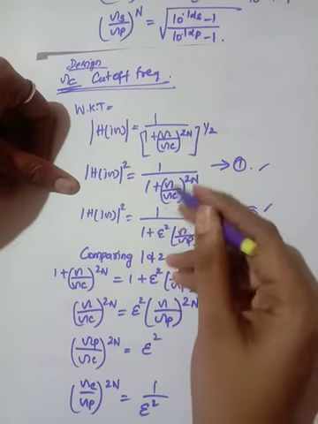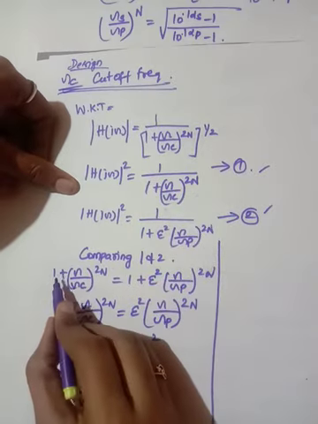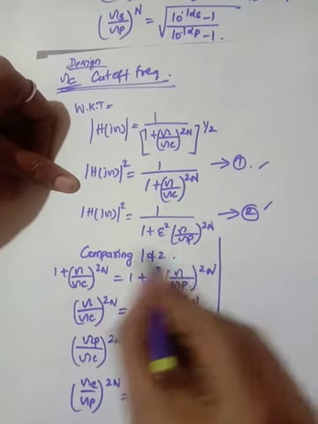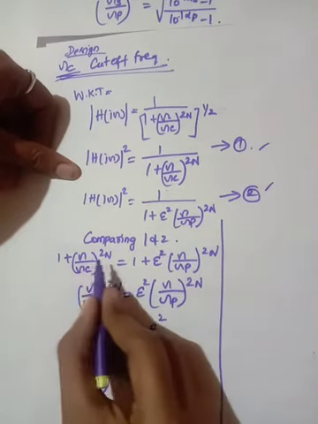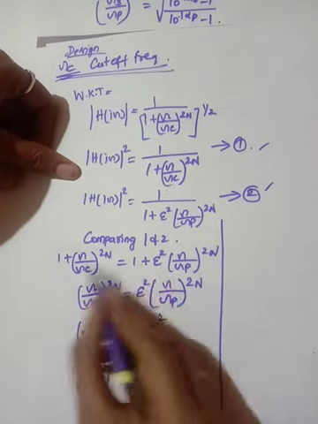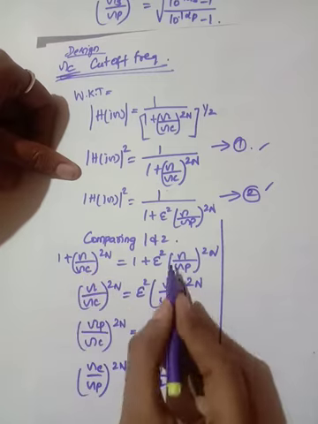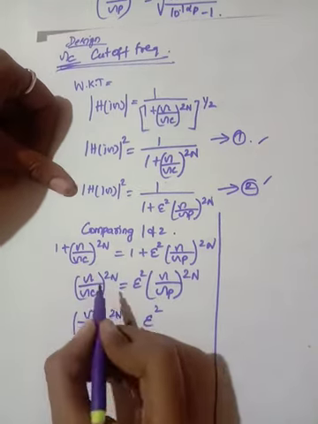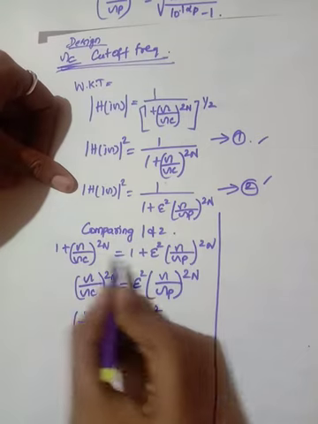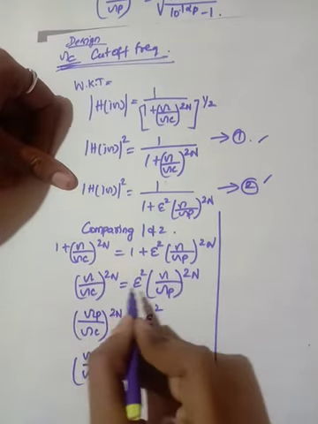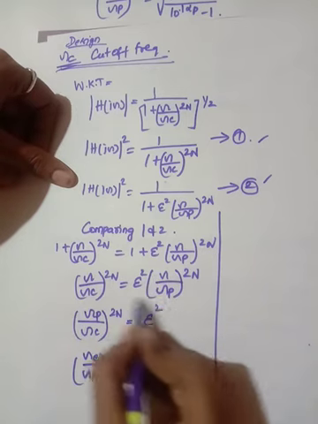When I equate these two and take the reciprocal, I will get 1 plus (omega by omega c) whole power 2n, and this denominator I can equate. When I compare it, the 1 gets cancelled, and omega also gets cancelled. So first I have cancelled 1, next I have written these answers. Now I am going to cancel this omega.